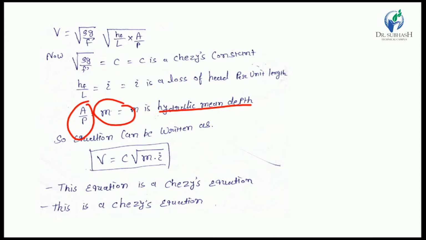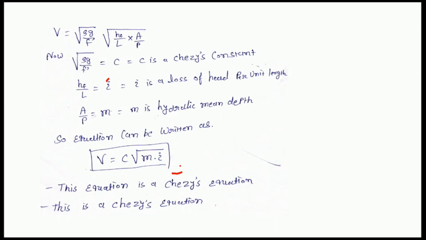So A upon P is defined by m, HF upon L is defined by i, and under root rho g upon F dash is defined by C. So this equation is finally known as the Chezy equation.